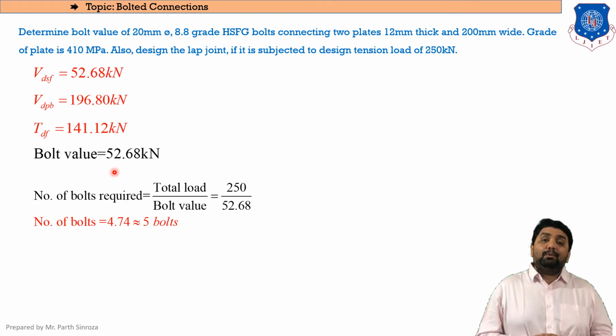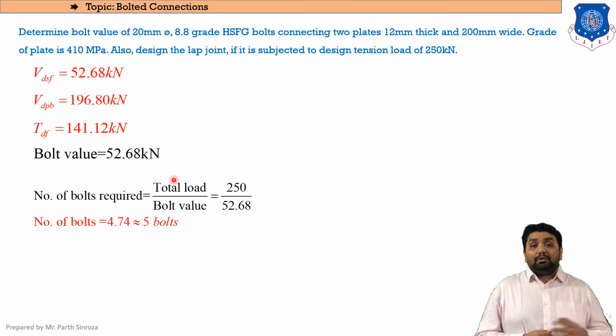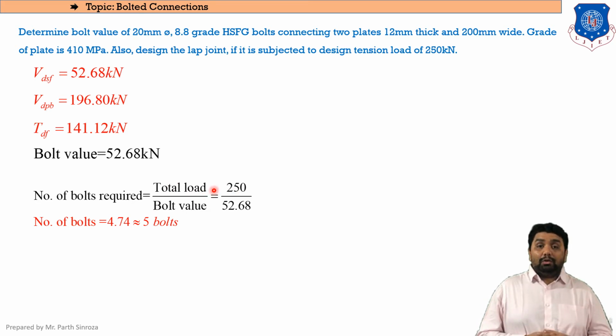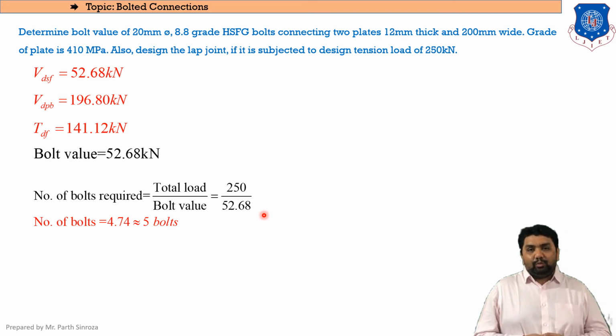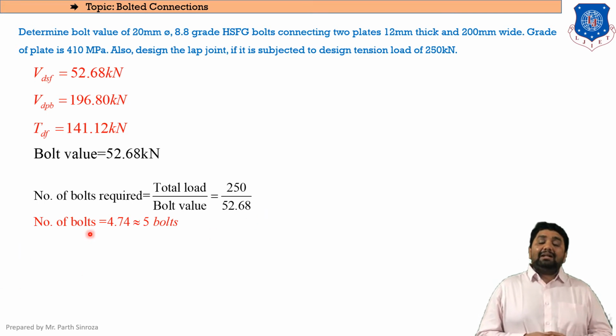So this will be our bolt value, and to find the number of bolts, the equation will be again the same: total load divided by bolt value. Total load as given is 250, and we have calculated the bolt value to be 52.68. Solving it, the total number of bolts we get is 4.74. So rounding it off, the final answer will be 5.